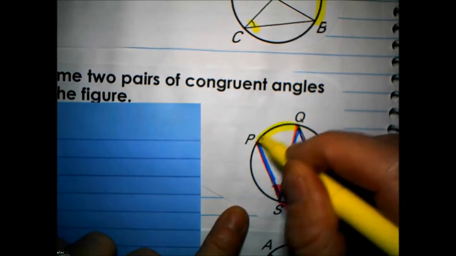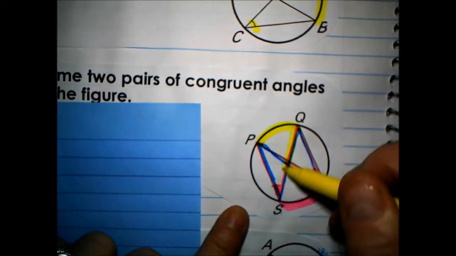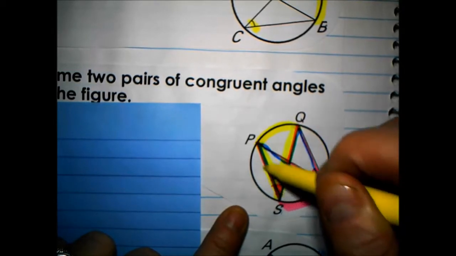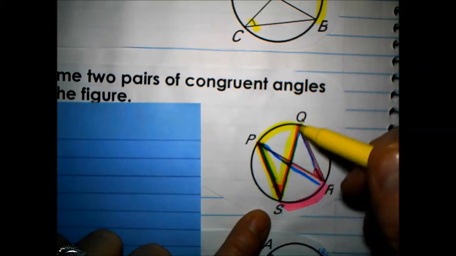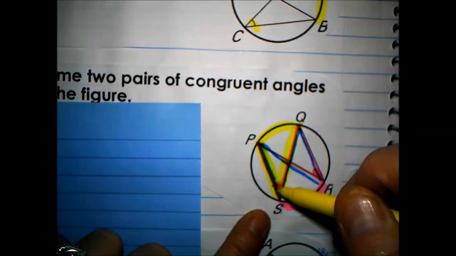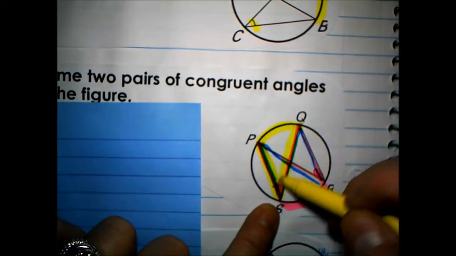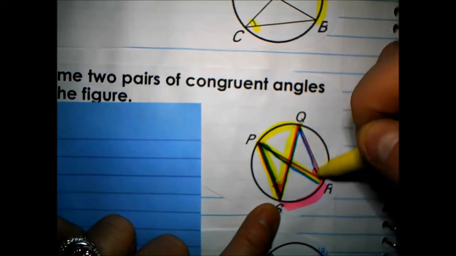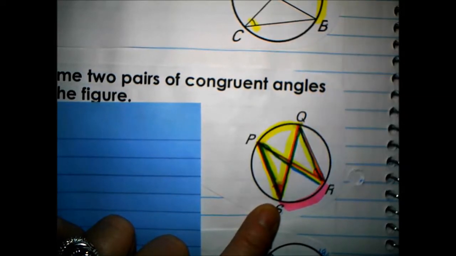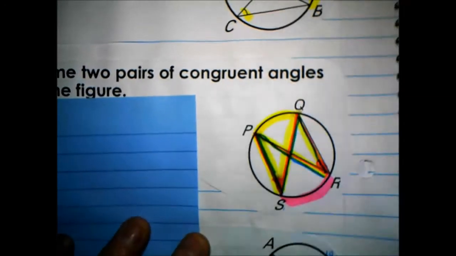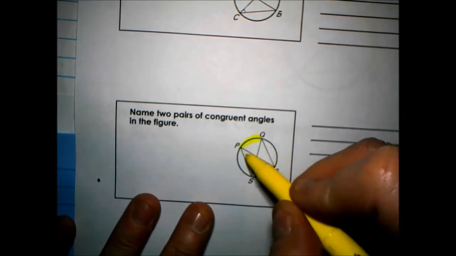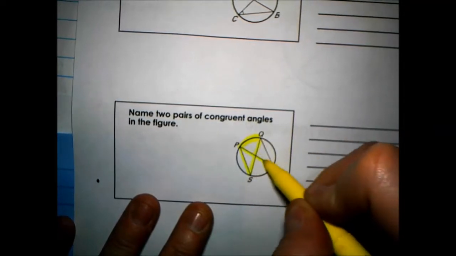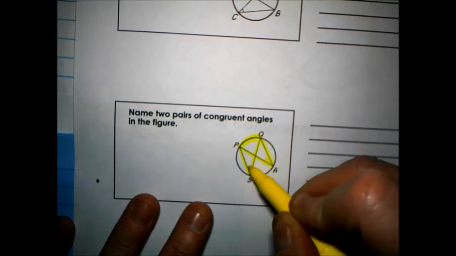If I have PQ, the angles here, I'm going to do it with a highlighter so you can see that PS and QS are the intercepted arc, and it's also going to be PR and QR. So let me put it on a different paper so you can see that this arc here has this angle as well as this angle that you're looking for.